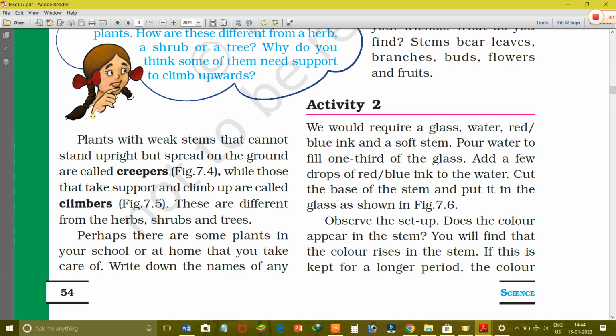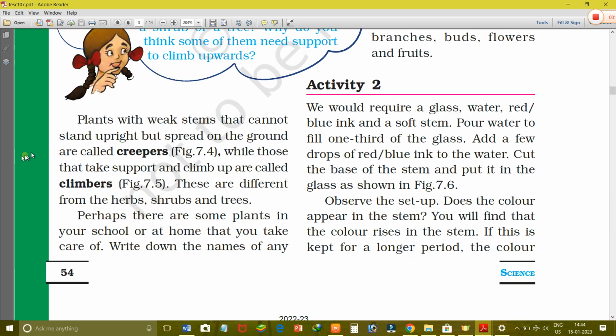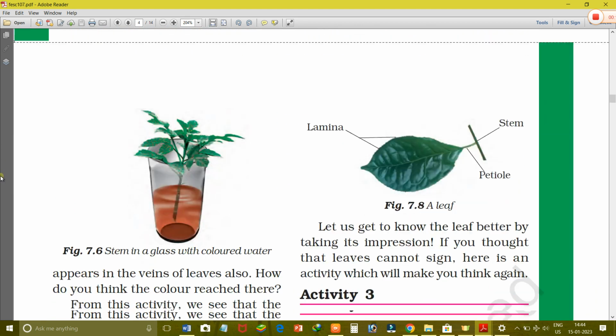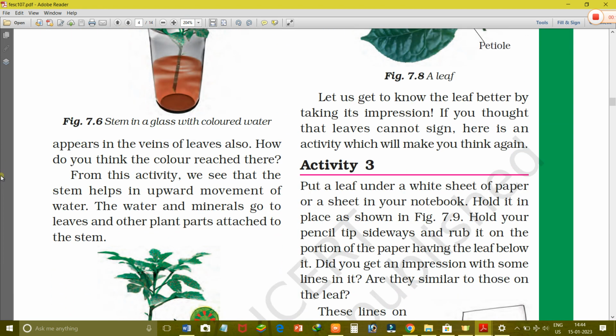You will find that the color rises in the stem. If this is kept for a longer period, the color appears in the veins of the leaves also. How do you think the color reached there?